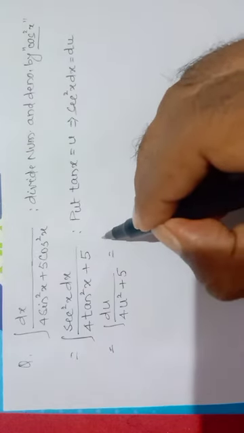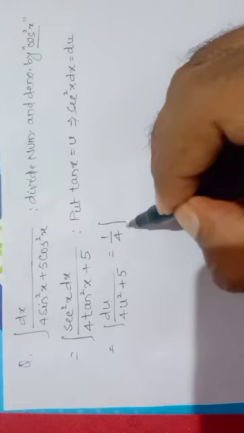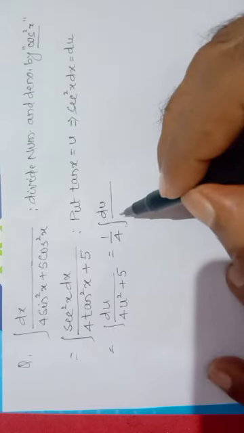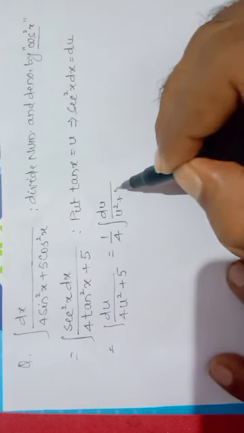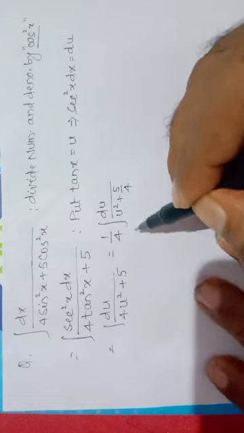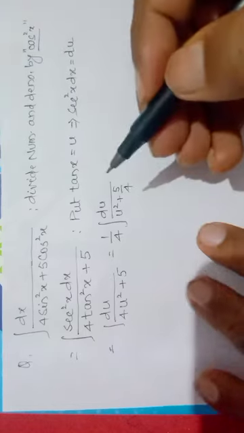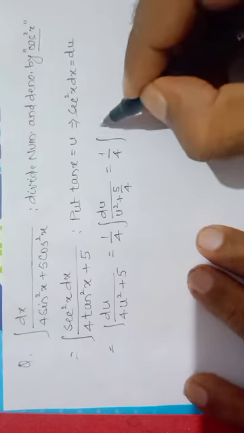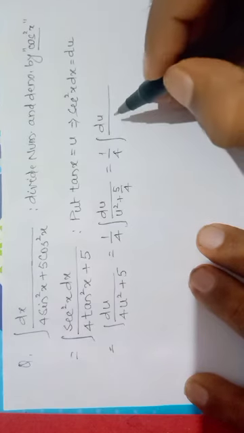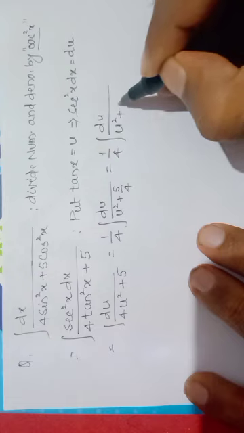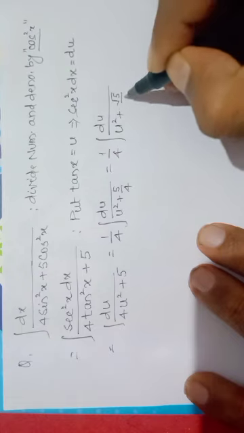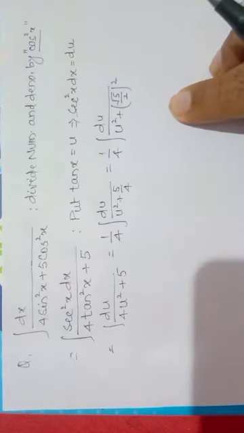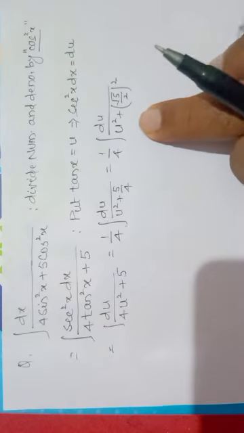So we write here integral of du upon u square plus 5 by 4 after taking 4 as common in denominator. So it should be written as 1 by 4 du upon u square plus (root 5 by 2) whole square. Hence it reduces into the form of an identity.